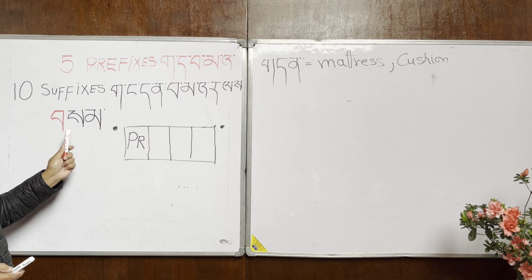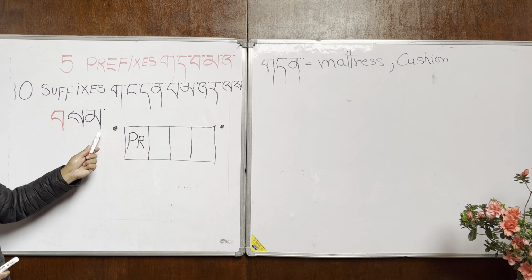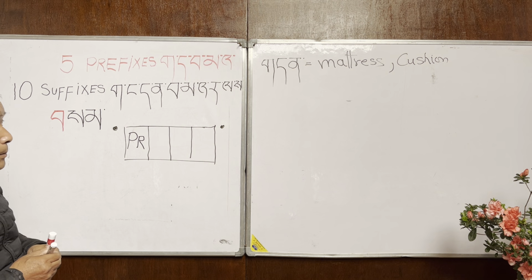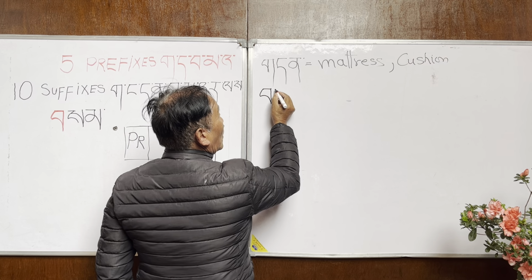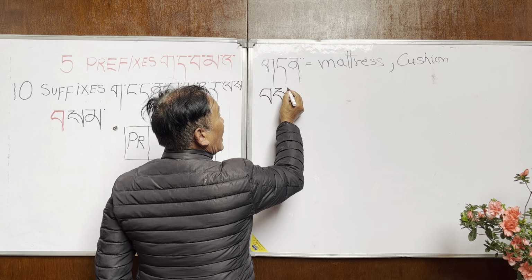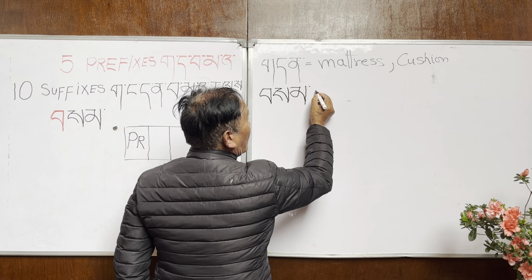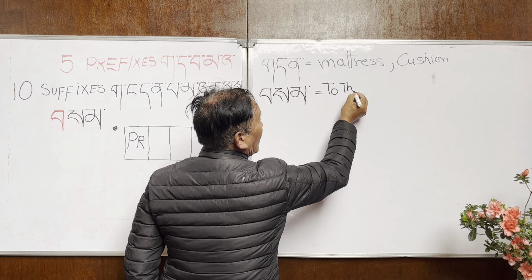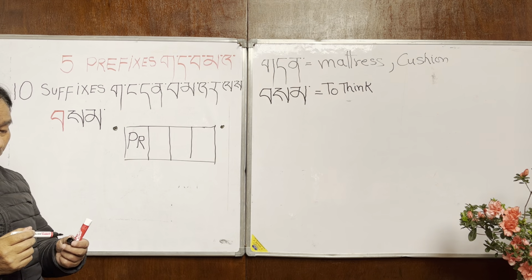So how do we spell it? Bao sa ma sam. Bao sa ma sam means to think.